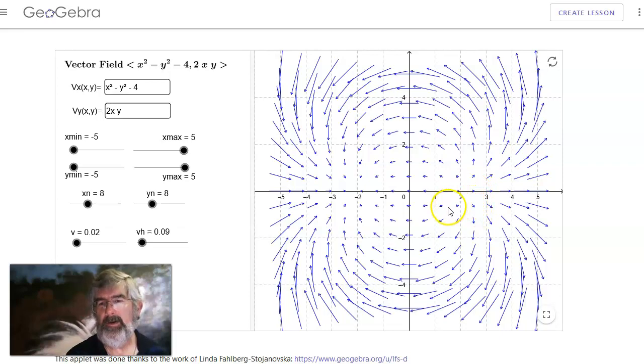But the thing I notice about it is that as you get close to the poles, the vectors get shorter, and the further away, the bigger the vectors are. I would expect this to be the opposite if this was actually the force field generated by a magnet, or maybe 2 electric charges. Let's put a positive charge here and a negative charge there, and then stick an electron out here somewhere, and it's going to be pushed away from the negative charge and towards the positive charge.